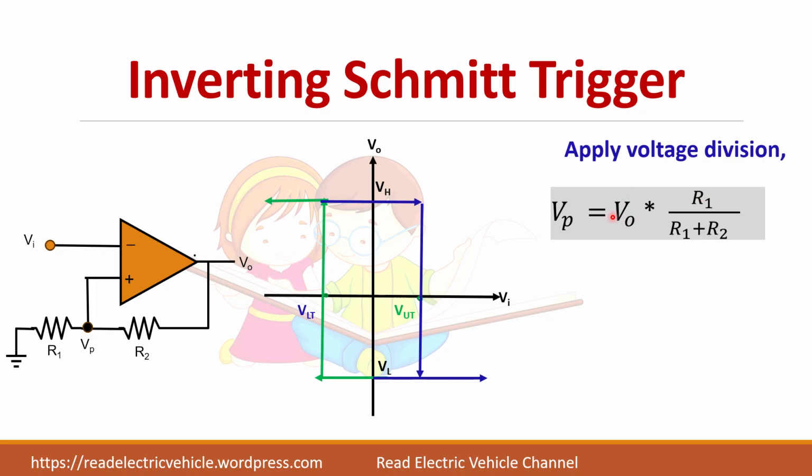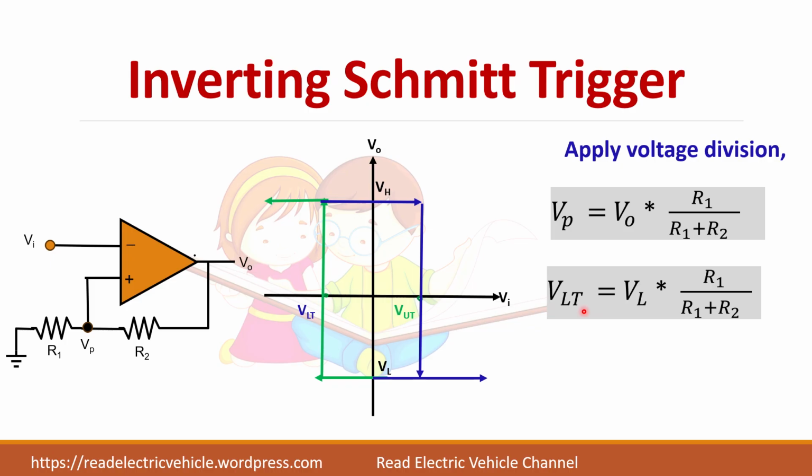Now what is the value of V0? It keeps on changing. It can be a high value or a low value. That is VH or VL. Or we can say plus V set or minus V set. So the threshold voltage depends upon these two values.